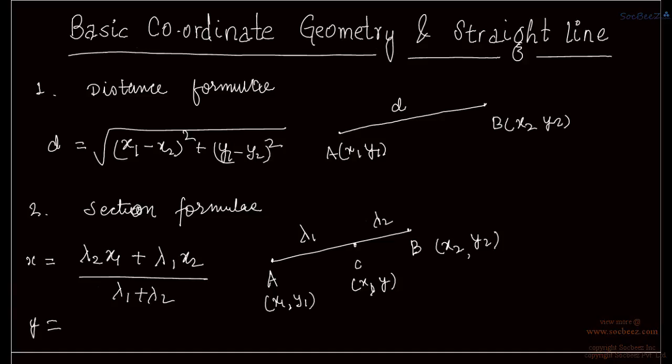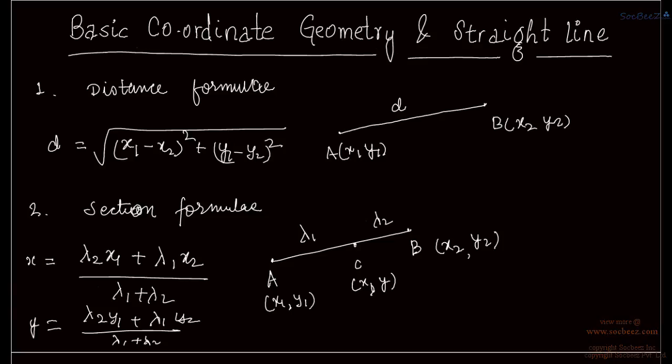Similarly, y can be calculated by (lambda 2 y1 plus lambda 1 y2) upon (lambda 1 plus lambda 2). See, this point C is dividing this line AB internally, that is, point C lies on line AB. By internal division we mean C lies on line AB.